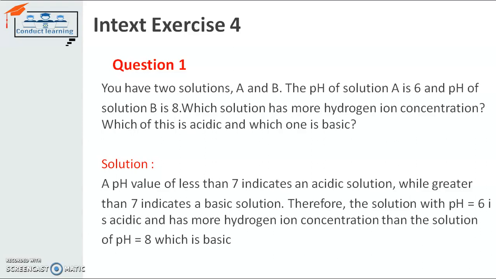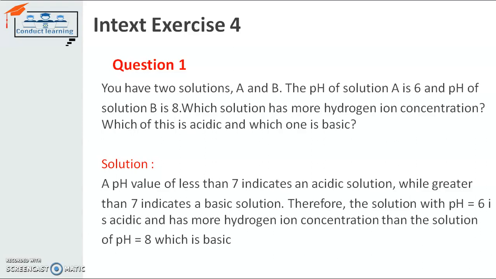Below 7, from 1 to 6, it shows acidic character, and above 7, it shows basic character. So the solution which falls below 7, from 1 to 6.9, is acidic in nature, and from 7 to 14 is basic in nature.